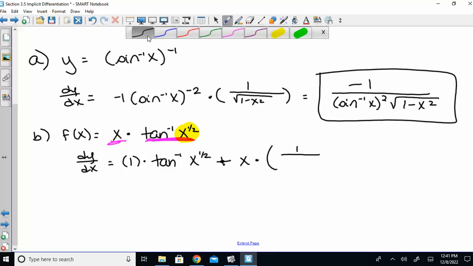So what's x to the 1/2 squared? Just x to the first, right? So the formula for tangent inverse says the derivative of tangent inverse is 1 over 1 plus your angle squared. My angle here is x to the 1/2.